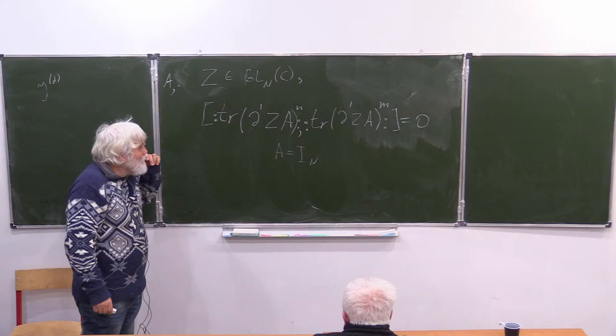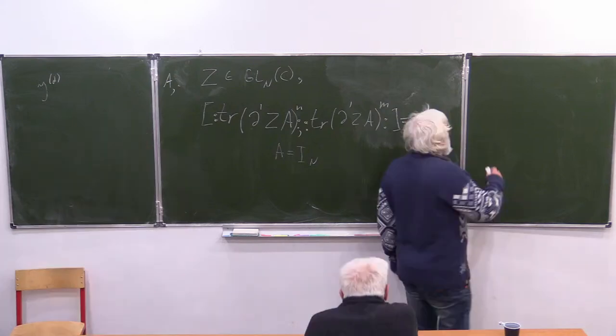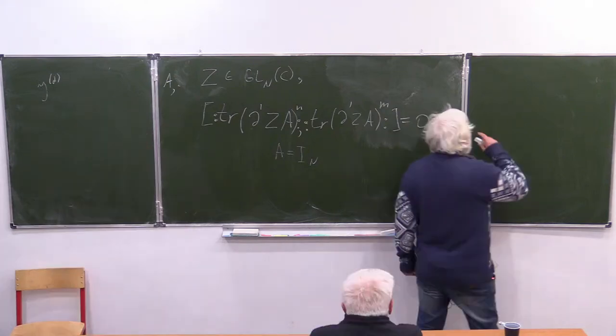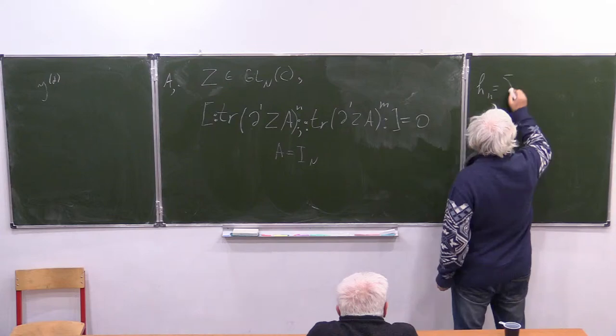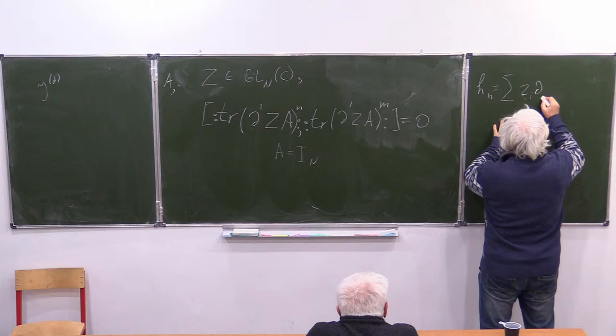A quantum Calogero model is a set of commuting Hamiltonians which look like this. You know what the classical Calogero model is? These Hamiltonians are, where z are eigenvalues, and d is derivatives with respect to these eigenvalues.